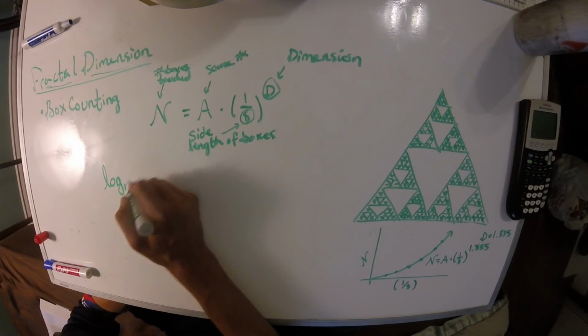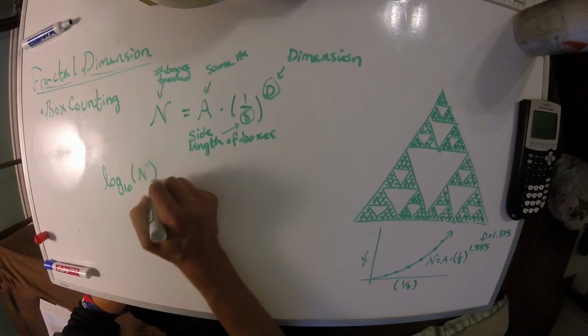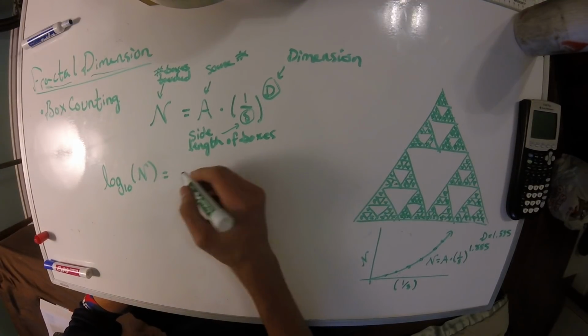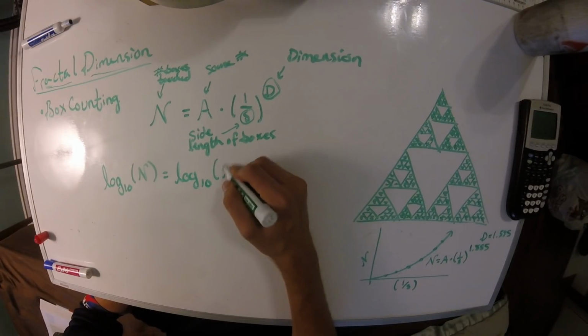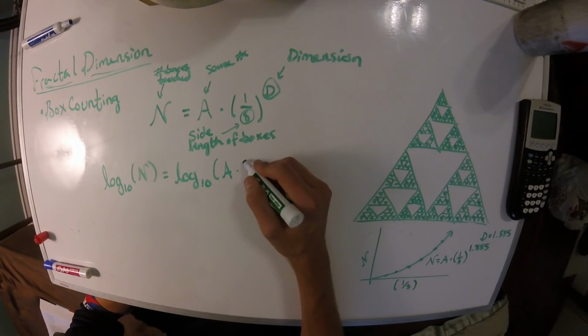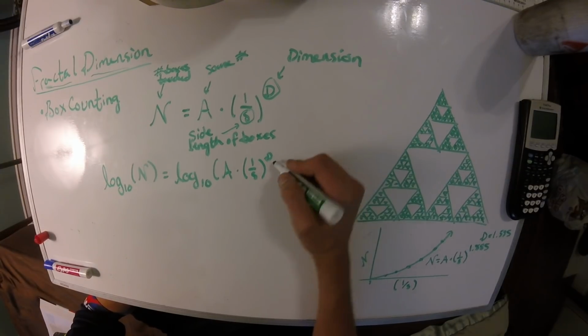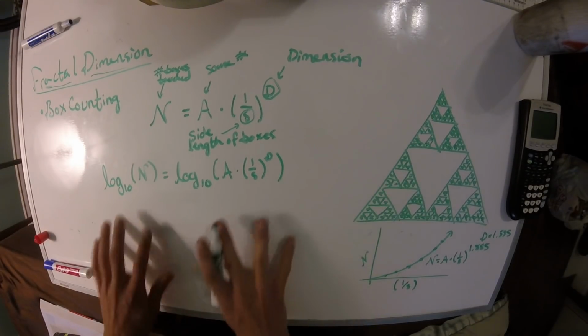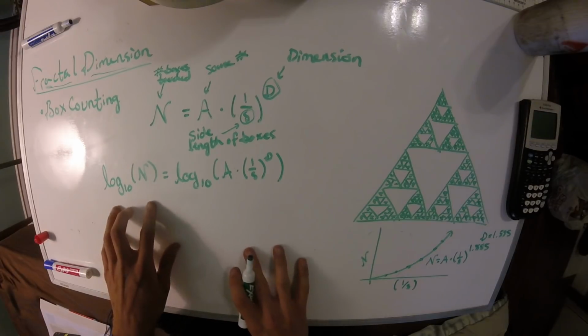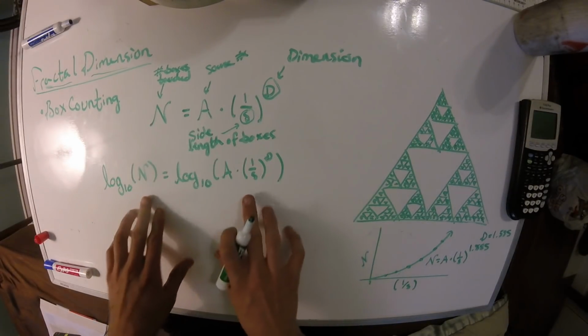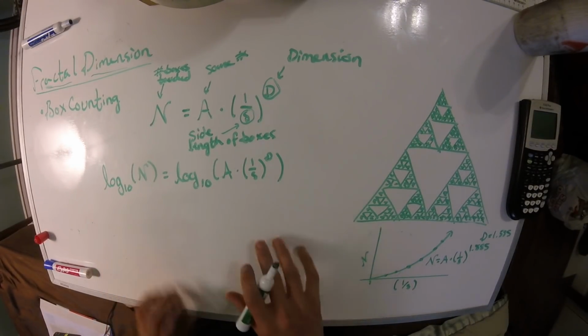So we do log 10 of n equals log 10 of a times 1 over s to the d. We just took both sides of this equation, and both are now inside a log.